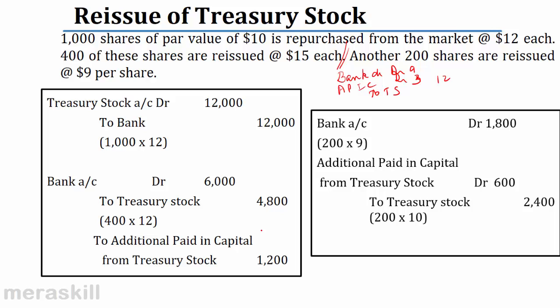Because I am talking of 200 shares only. 9 into 200, 3 into 200 to treasury stock, 12 into 200, right students? Okay.